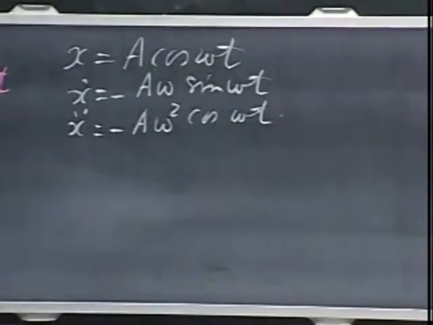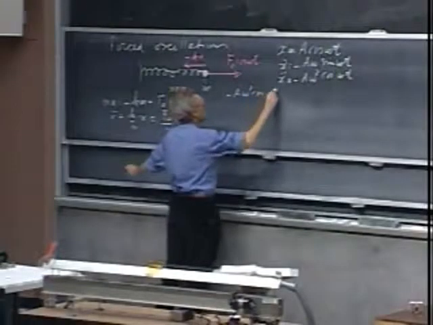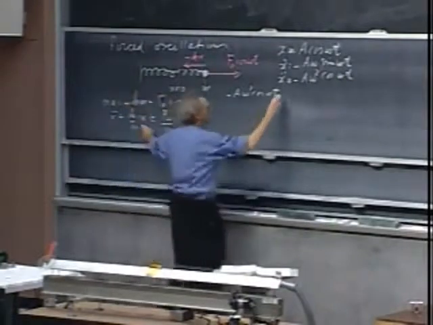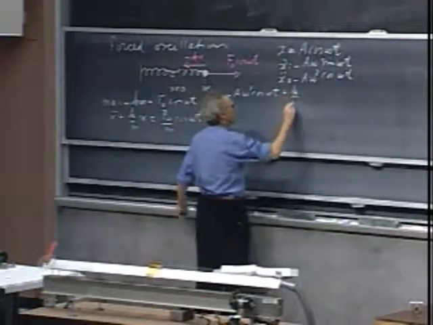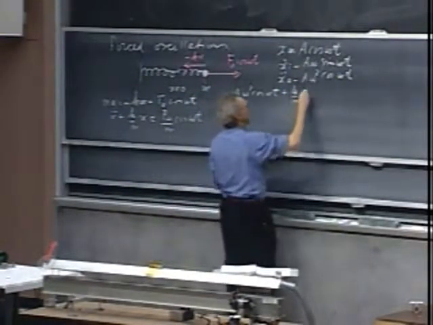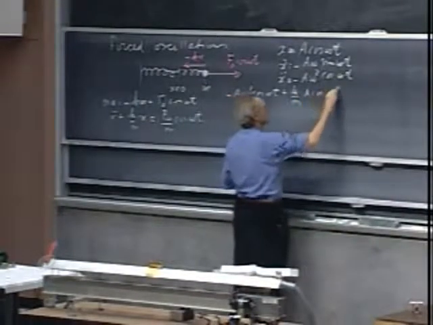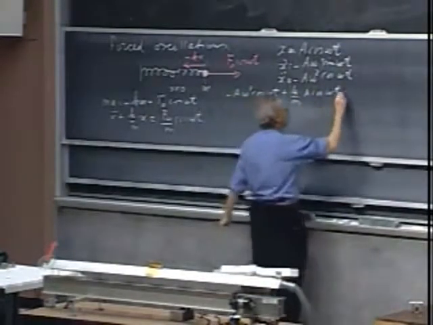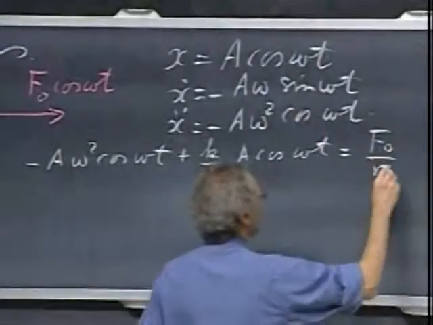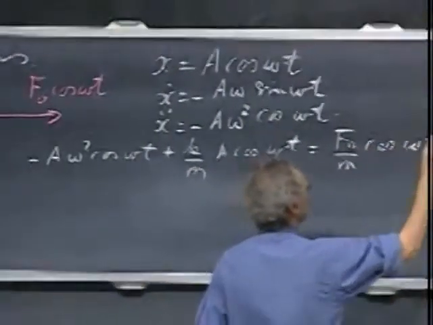And so now I'm going to substitute that in here. So I get minus A omega squared cosine omega t plus k over m times A cosine omega t, and that equals F0 divided by m times the cosine of omega t.